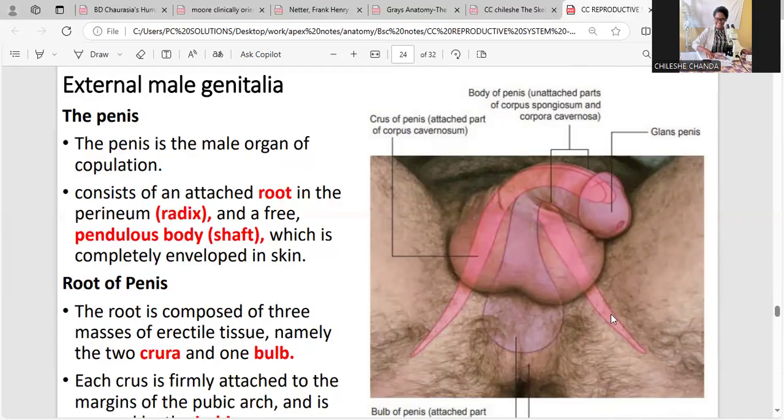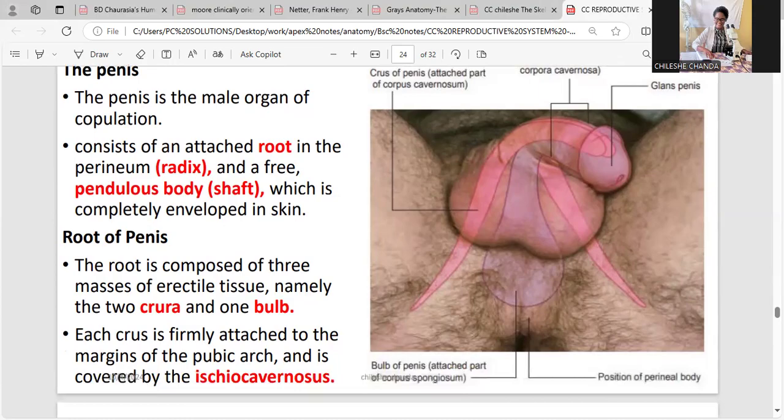The penis starts from all the way deeper here. This attached part is known as the root of the penis, and then we have this pendulous shaft. That is how the penis is made.